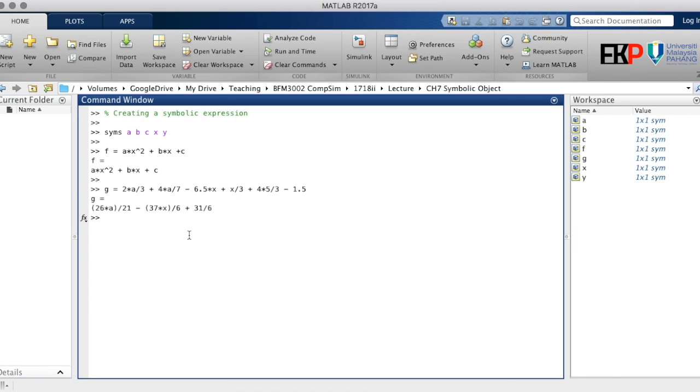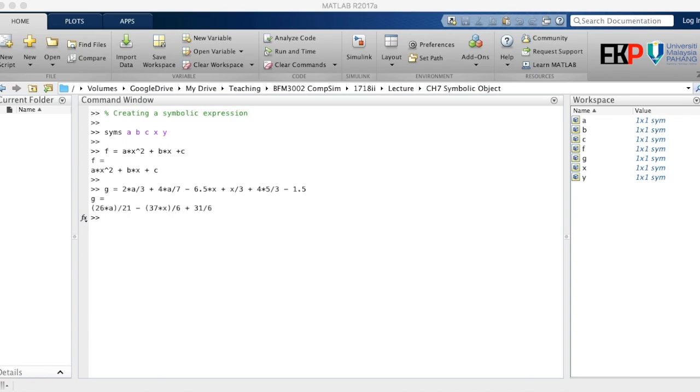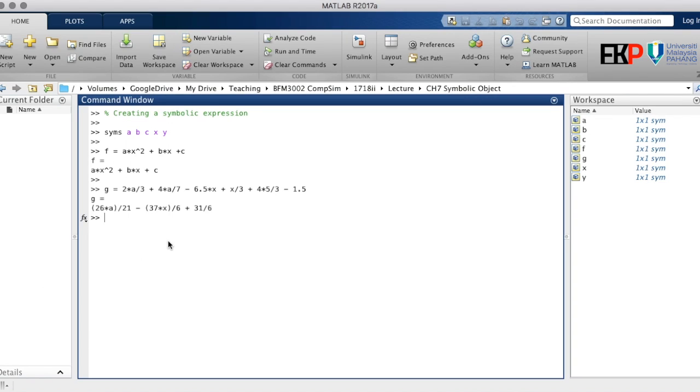When we press enter, we get this equation here: 26A over 21 minus 37X over 6 plus 31 over 6. So from the expression that we have entered, MATLAB automatically simplifies it to this form. This is an example of how we can create a symbolic expression in MATLAB.